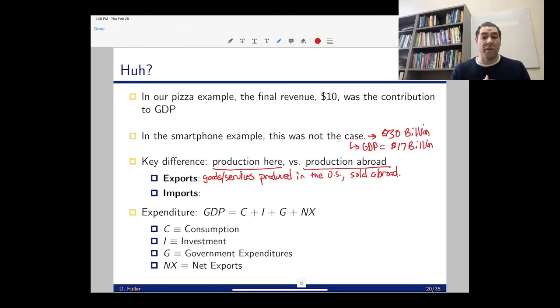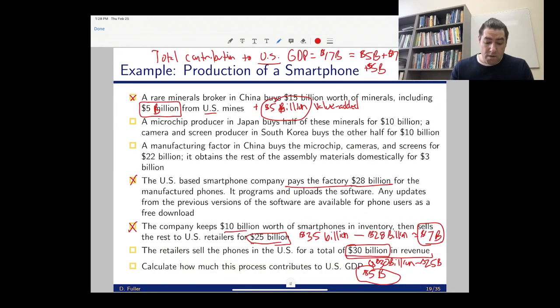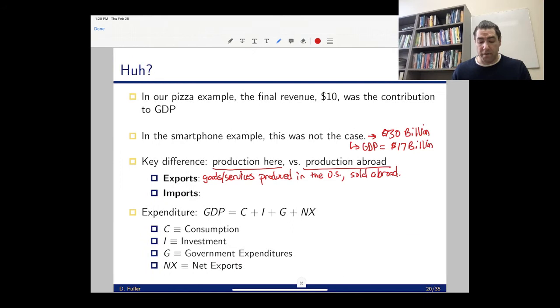So in the smartphone example, those $5 billion in rare minerals were sold from a US mine to someone in China. That is an export. It's produced in the US, sold in another country. So we counted that because it was produced in the US. Same thing is going to be true here, right? So exports, we want to count those as part of our US production because they were produced here.